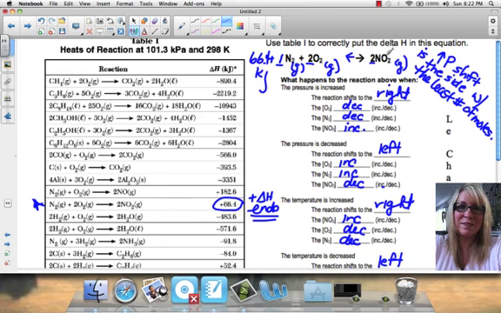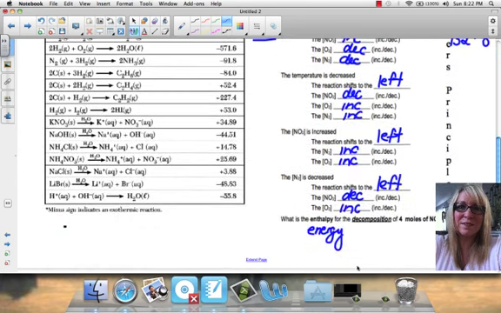And when 2 moles of NO2 decompose, it is going to release 66.4 kilojoules. So if this is the amount of energy for 2, then the amount of energy for 4 would be twice that. So 66.4 times 2 is going to give us 132.8 kilojoules.